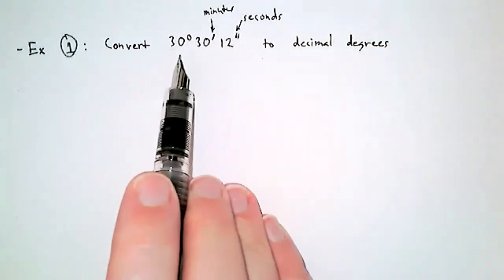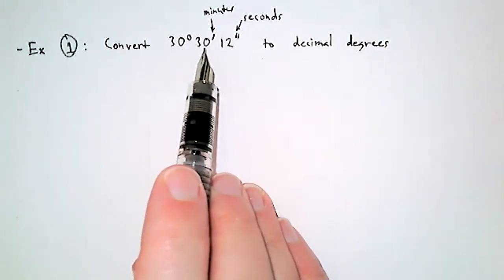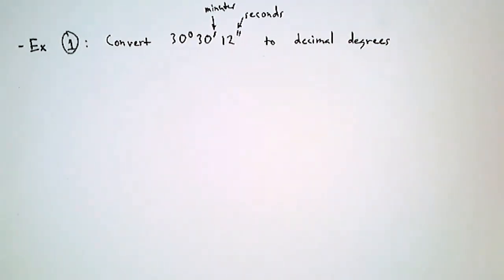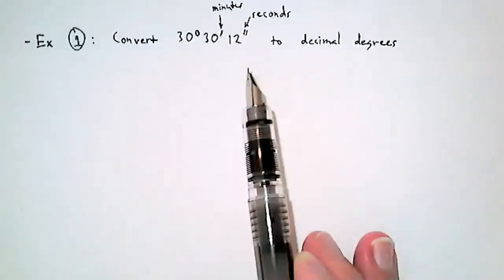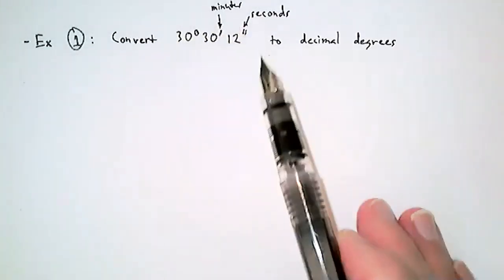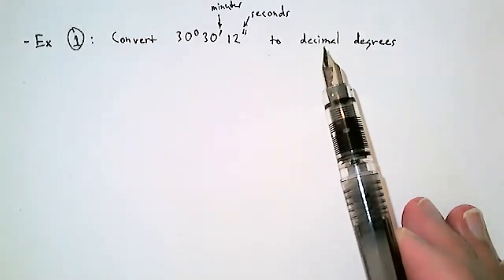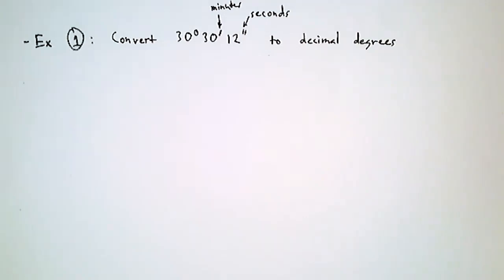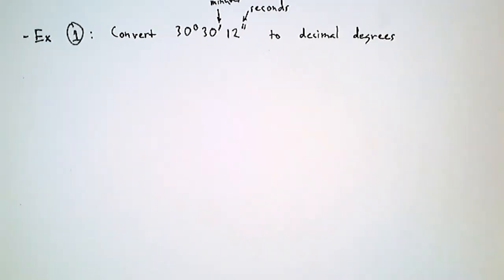So this is 30 degrees, 30 minutes, and 12 seconds. But what I want to do is take this way of writing things and try to convert it to a decimal number using just degrees. And let's just walk through how to do this.